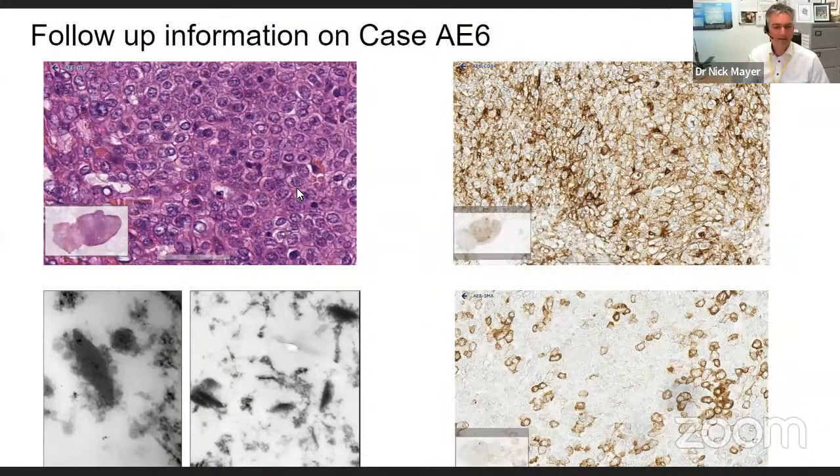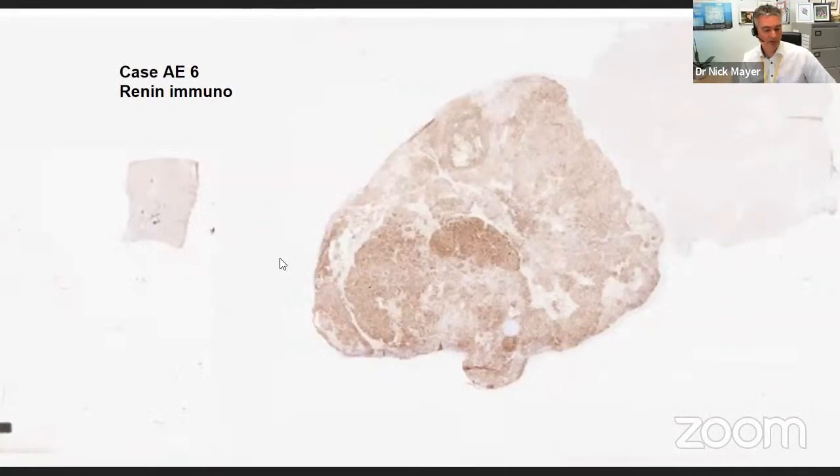Just very quickly, I'm giving some follow-up on a case in the last circulation, which caused a bit of consternation. It was quite a difficult case, but a nice example of a juxtaglomerular cell tumor. You can see these very nice rhomboid crystals on the reprocessed EM, and it was CD34 and SMA positive, as we would expect. And I actually sent this off to Lisa in Oxford to do renin immunohistochemistry, just to complete the diagnostic workup.